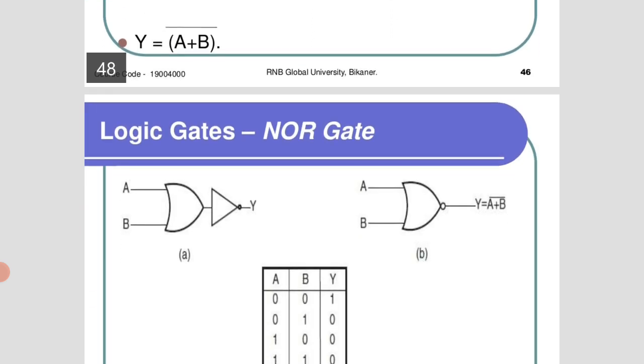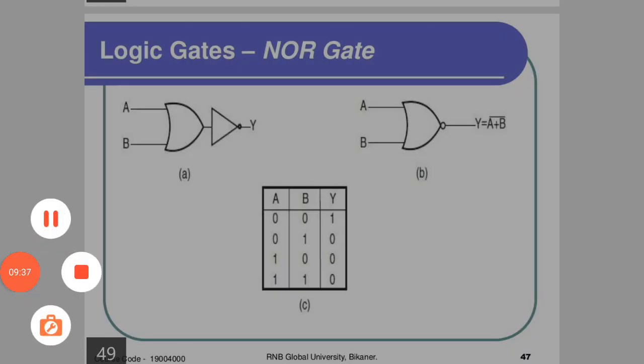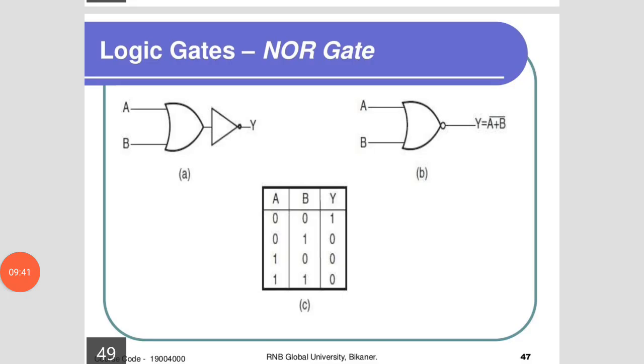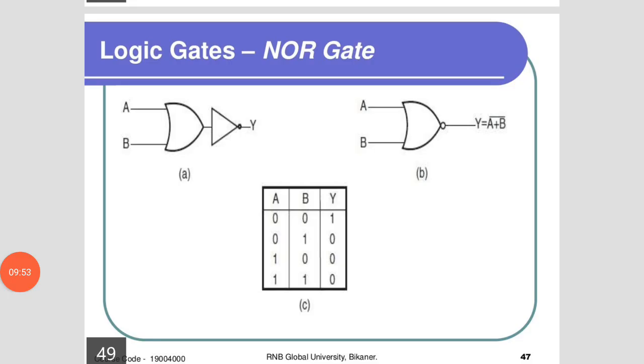The symbol of the NOR gate is as shown in figure. First the OR gate is used and the OR gate output is connected to the NOT gate. So the OR gate has two inputs A and B, and the NOT gate inverts.